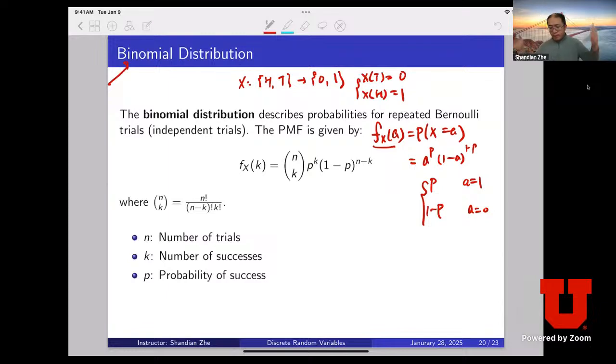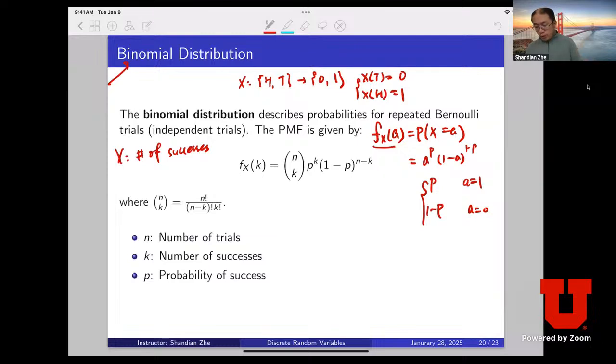So then what is the definition of the random variable underlying the binomial distribution? Here the x is defined as the total number of successes after all the trials, right?